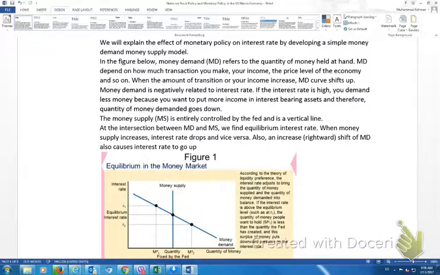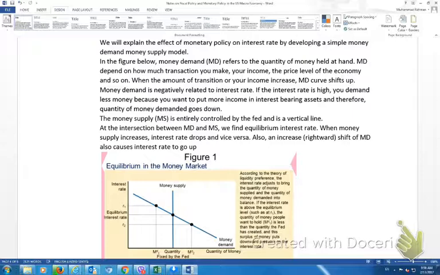In addition to that, when the interest rate is high and if you hold money at hand, you lose the possibility that you could have earned this interest by putting your money in a fixed deposit or by buying interest bearing assets such as stocks and bonds. So therefore, anytime the interest rate of the economy goes up, money demand goes down, and vice versa.